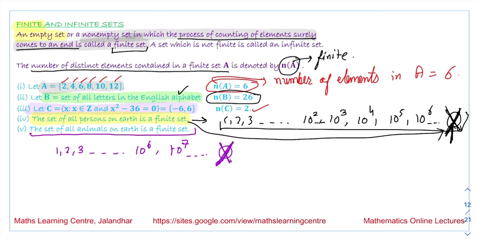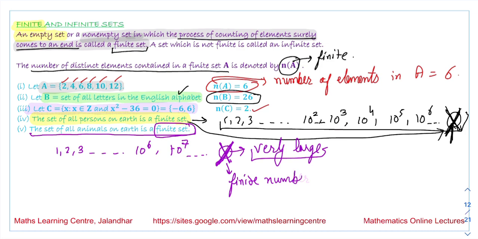So the set of animals on the earth contains a finite number of elements. It may be a very large number, but it is a finite number, and we are saying that this collection, the set of all animals on the earth, is a finite set. Next we have infinite sets.